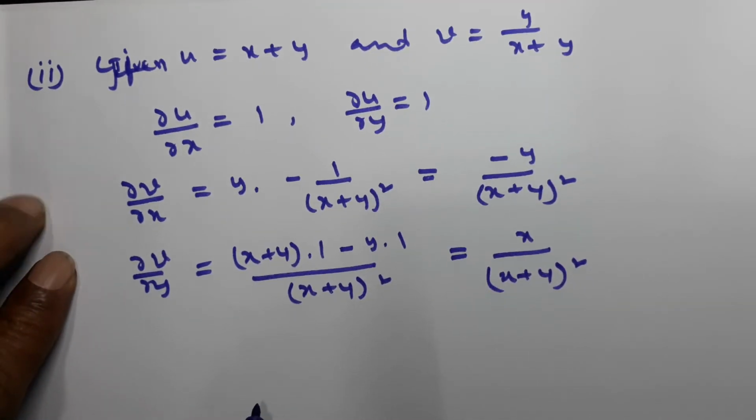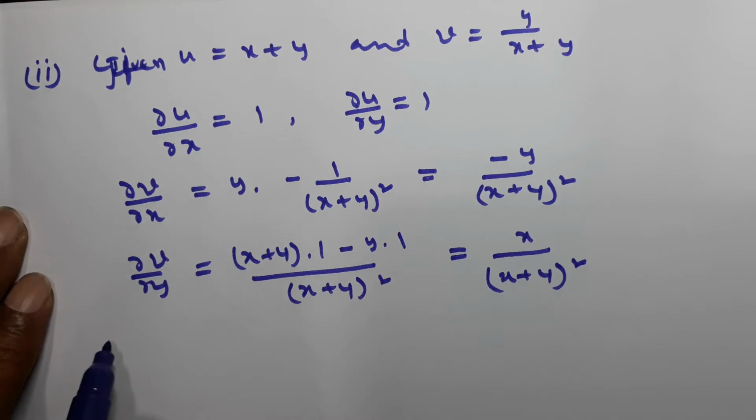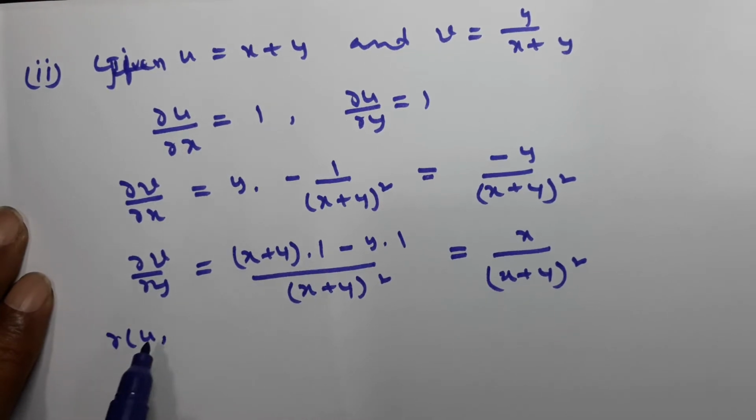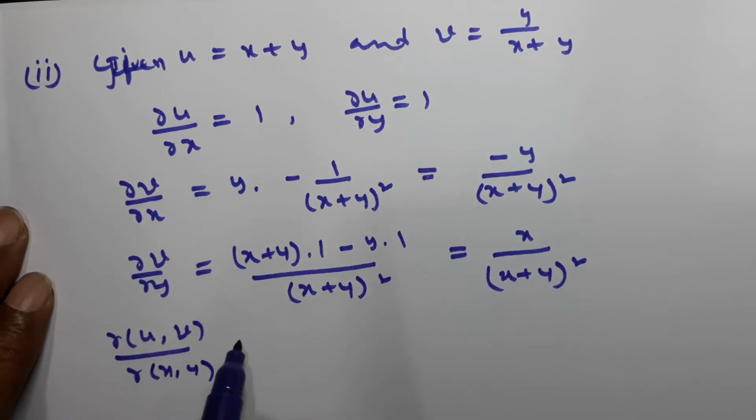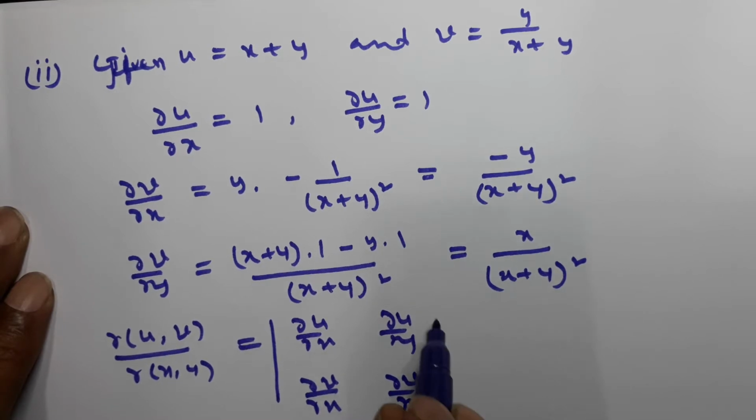Now the Jacobian dou of (u, v) divided by dou of (x, y) is equal to the functional determinant: dou u by dou x, dou u by dou y, dou v by dou x, dou v by dou y.